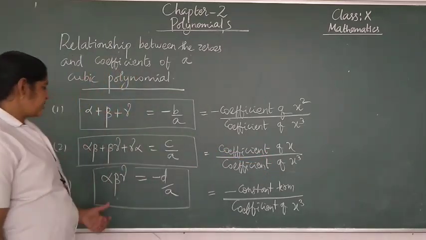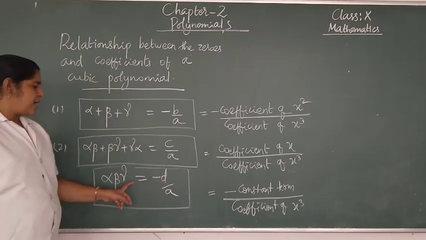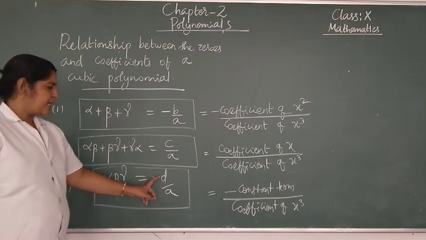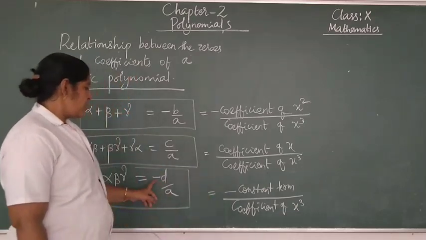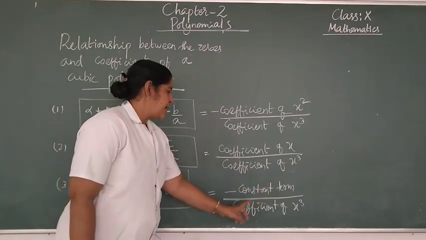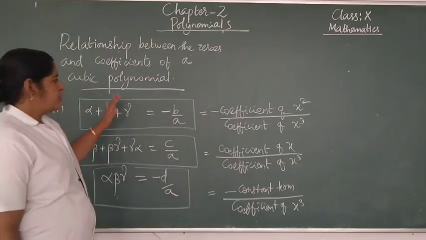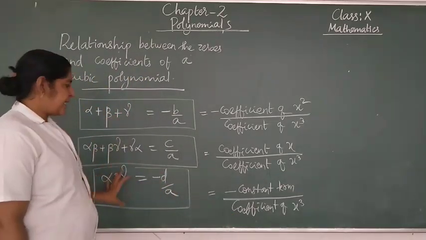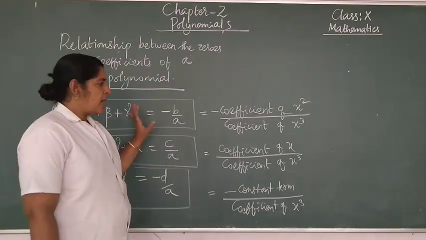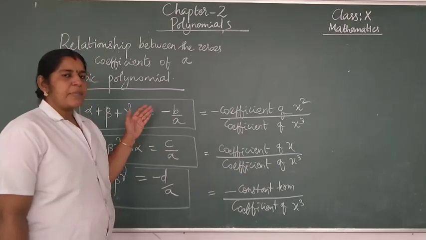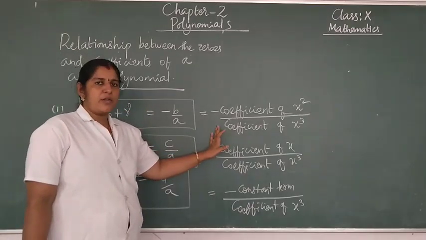And the third relation is the product of the three zeros, alpha beta gamma, is equal to minus d by a, where d is the constant term. So minus the constant term divided by the coefficient of x cube. All of you should memorize all three relations so that we can do more example problems on how we need to verify the relation between zeros and coefficients of a cubic polynomial.